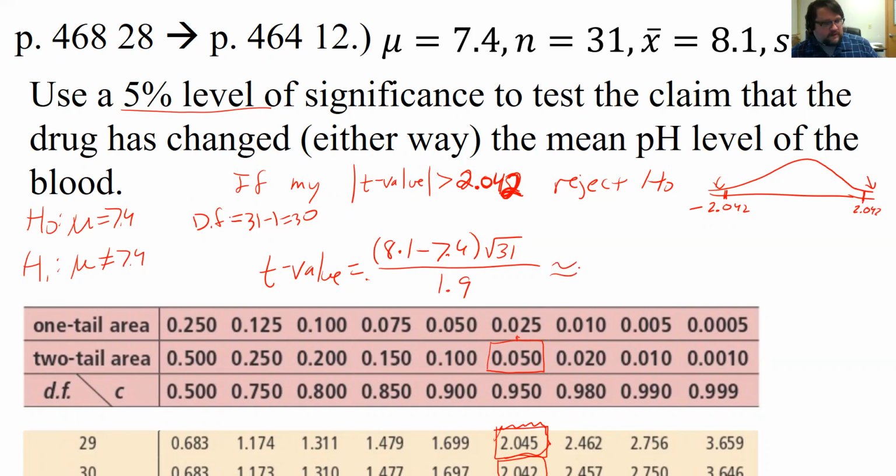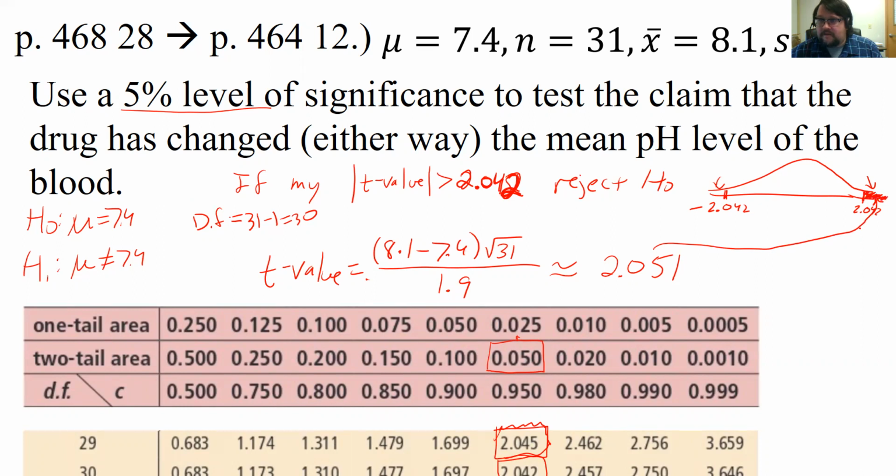We already did this once, but I'm going to do it again. And I get a t value of 2.051. So I ended up in this end, not really far in that end, but enough.